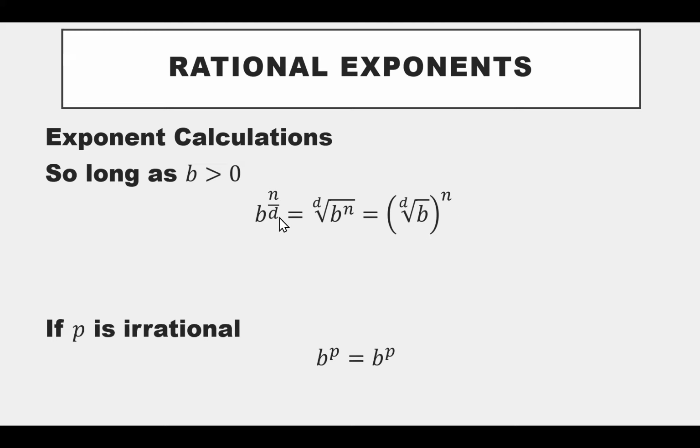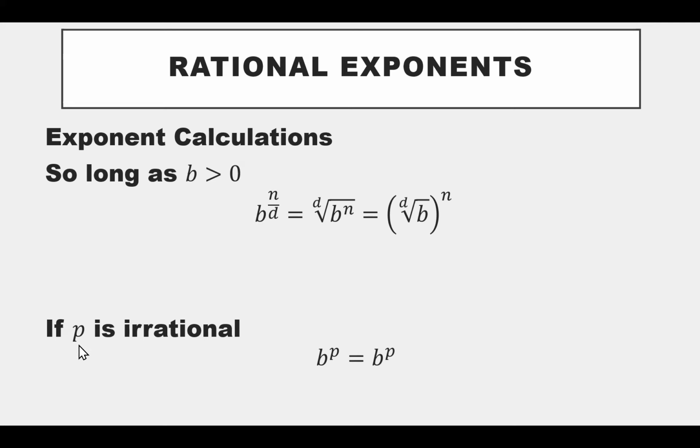I'm saying n over d is numerator divided by denominator. So the denominator's root and the n is my exponent. And if the base is positive, then all of these are equivalent. But if the base is negative, sometimes I can't calculate it.